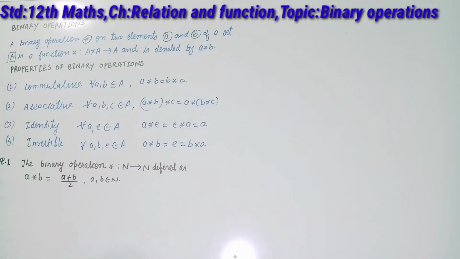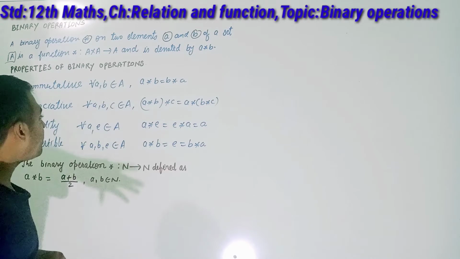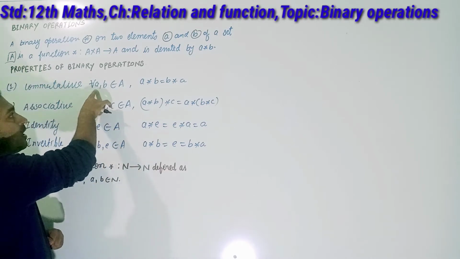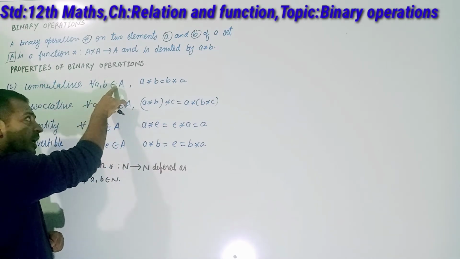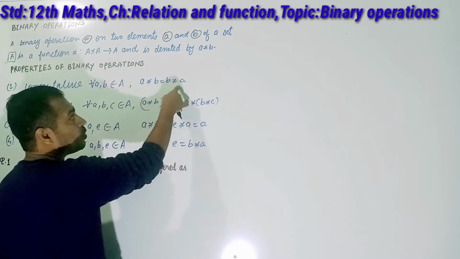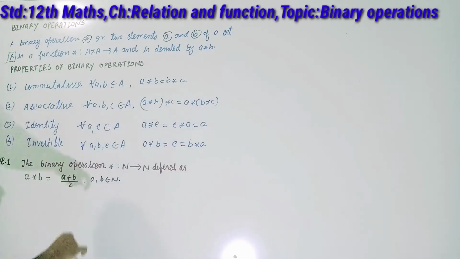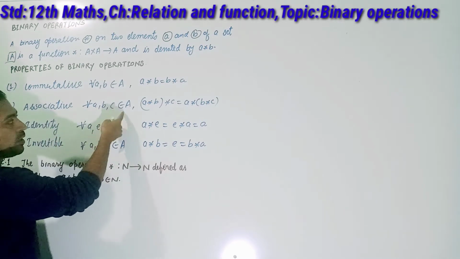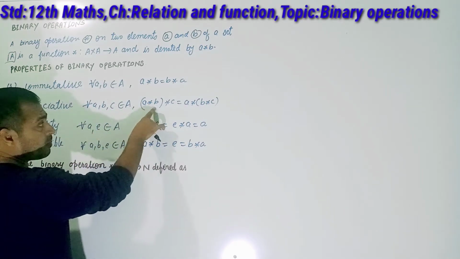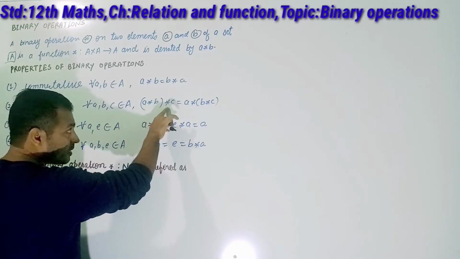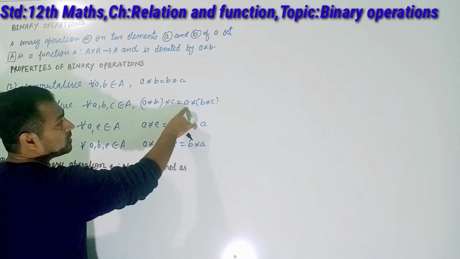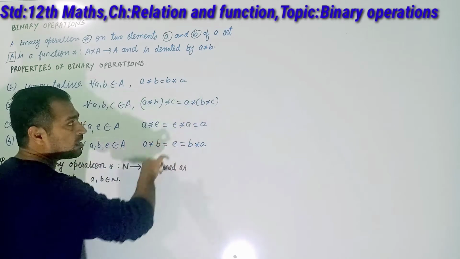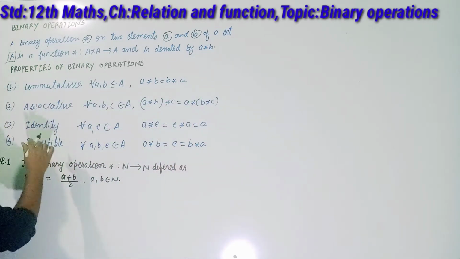So students, here are some properties of binary operation. Commutative property: a binary operation may be commutative if for all A, B belongs to A, A star B is equal to B star A. Then associative property: if three elements A, B, C belong to A, then A star B star C is the same as A star B star C, where star is the binary operation.